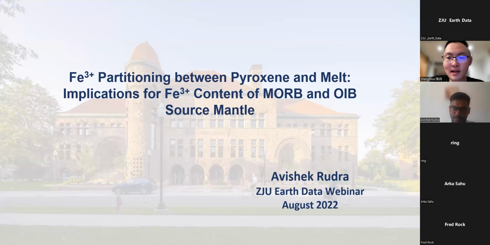Currently, Avishek is working on his postdoctoral research project at Cambridge University, although physically he's in Scotland now, on the road. So with that, I will give the floor to Avishek to tell us about the ferric iron partitioning between pyroxene and melt, and its implications for the MORB and OIB source mantle.